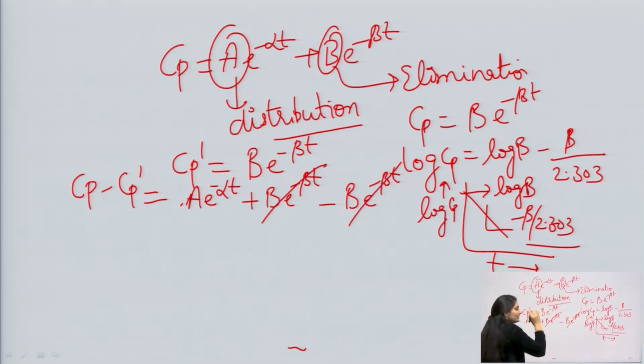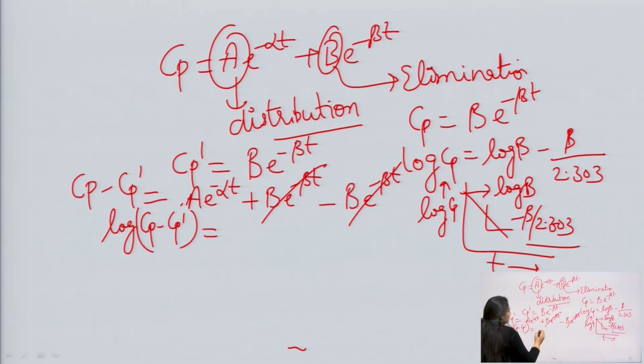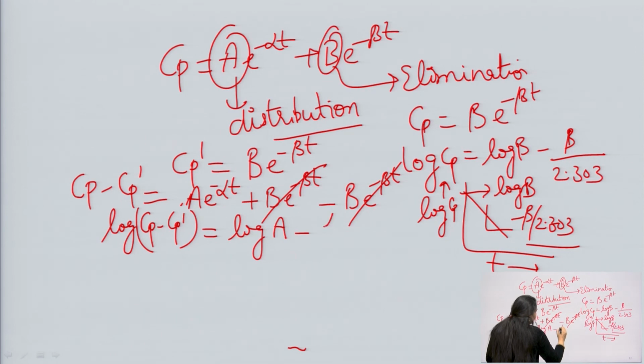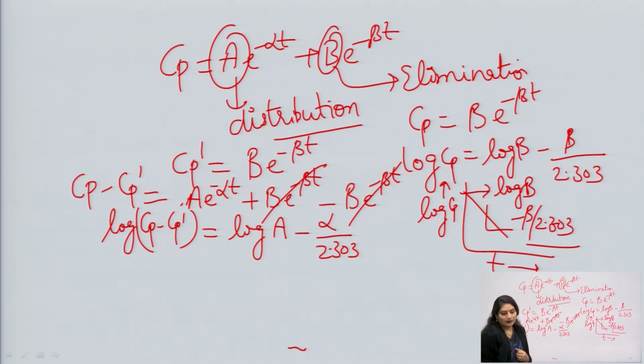So, this term will get cancelled. Now, by taking logarithm, we will get the logarithm of A minus alpha t upon 2.303. This is the equation for the calculation of the value of A.